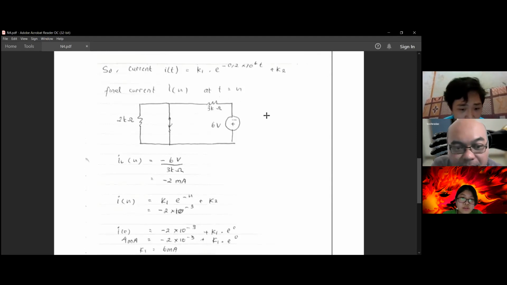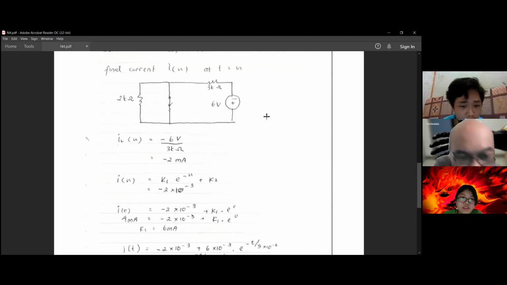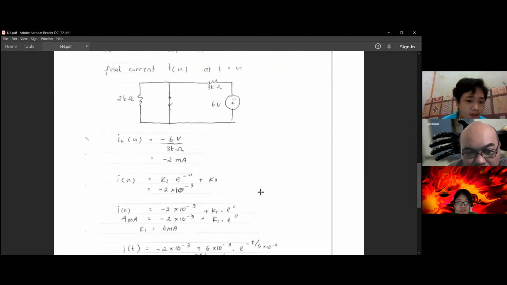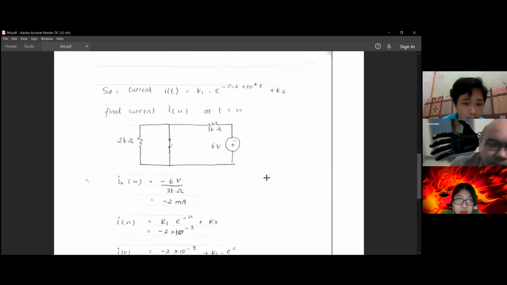Next, we use K1 e to the power of negative... We are not using tau, we are using another formula. After we find D, not tau, K1 is equal to e to the power of something. This something is not tau, but this something is D.